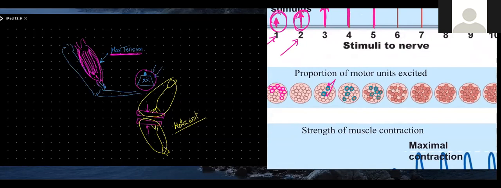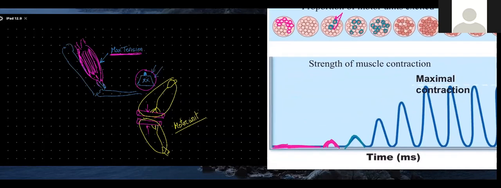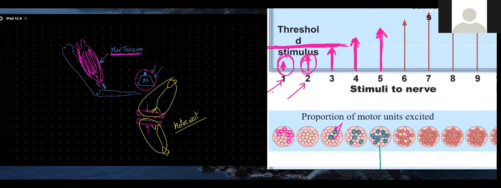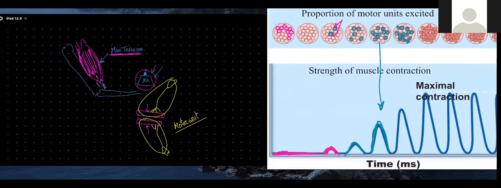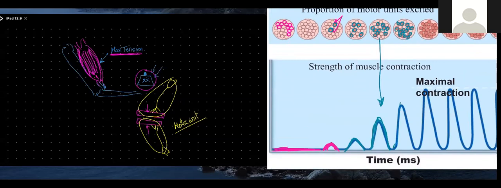And the more muscle fibers that you can recruit results in a stronger muscle contraction. I have a greater tension in my muscle. Stronger stimulus results in recruitment of more muscle fibers. More muscle fibers recruited means stronger muscle contraction.